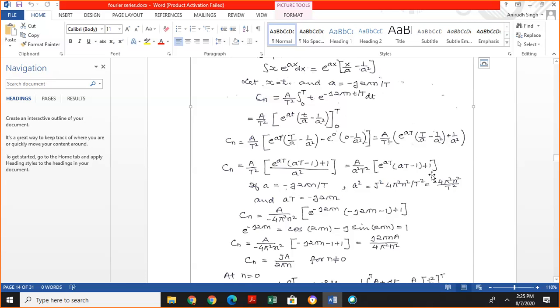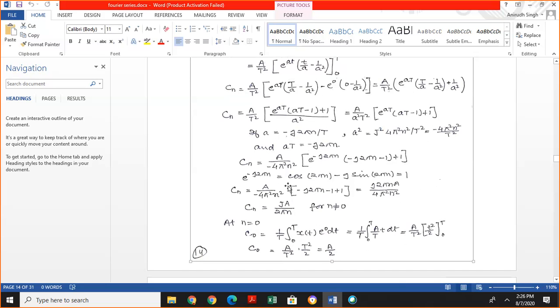If a is equal to minus j 2 pi n by T, and if we substitute the value of a, then the value of a square is this, and similarly you can calculate the value of aT. By substituting the value of aT we get this equation.